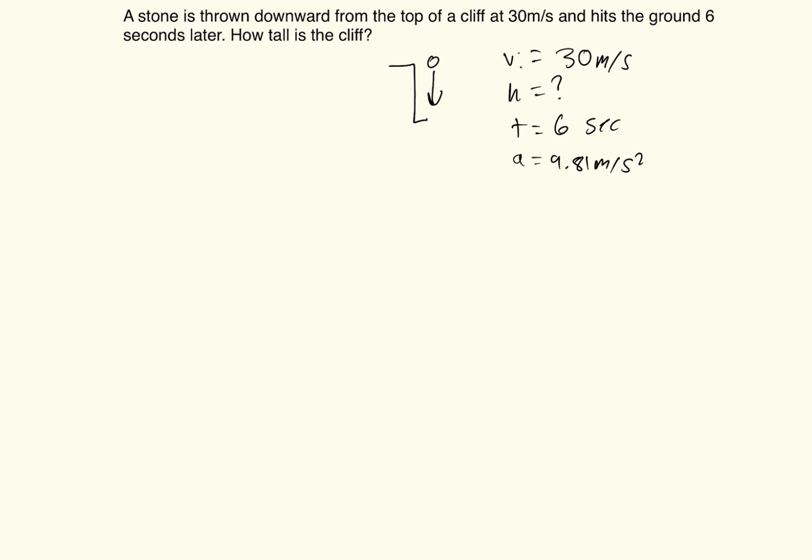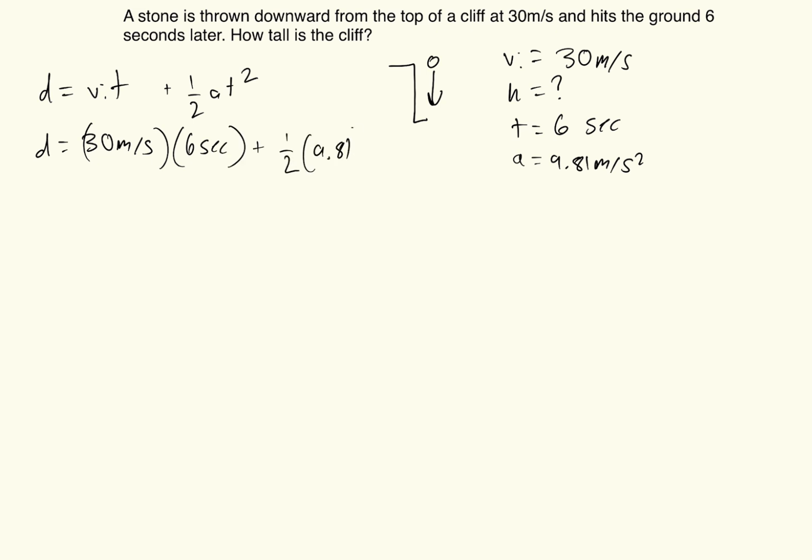So when we plug the formula in, we use the same one as the previous question. Distance is equal to initial velocity times time plus 1/2 AT squared. This time we have an initial velocity, so our distance is equal to 30 meters per second times 6 seconds plus 1/2 times 9.81 times 6 seconds squared.